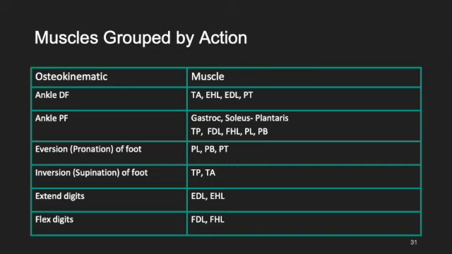What I want you to do is pause this slide, and circle all those muscles that perform dorsiflexion, plantar flexion, inversion, eversion, digital extension, digital flexion. Then I want you to go back and say, okay, which of those muscles are in which compartment? You should see a lot of commonality, but you might see a little bit of difference as well. But I want you to understand those relationships.